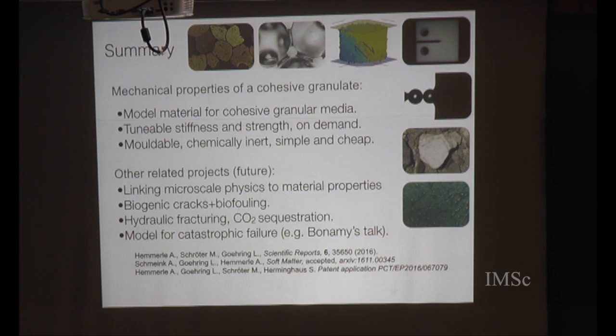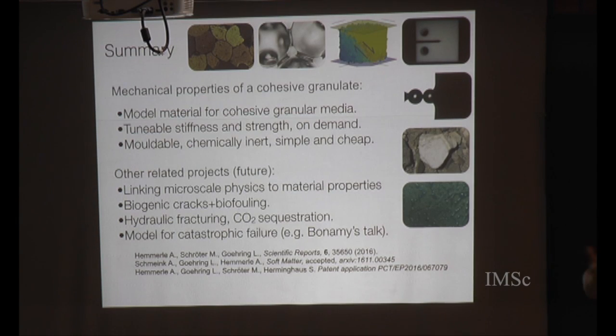In summary, basically, I've started by talking about the kinds of situations where we need a model material to look at fracture properties of things like biogenic or hydraulic fracture, or something where we can look, like Daniel Bonamy's talk yesterday, as a model material for looking at catastrophic failure in general.